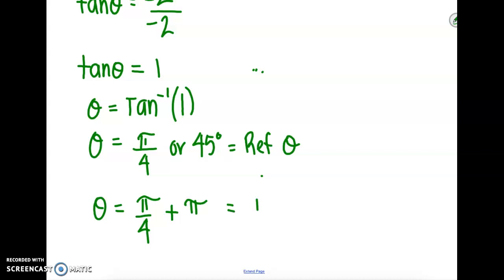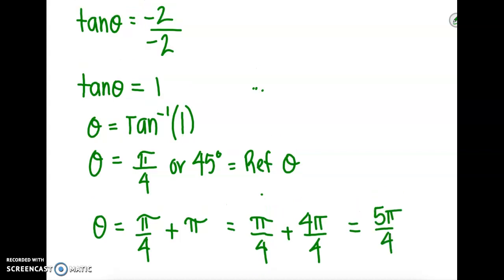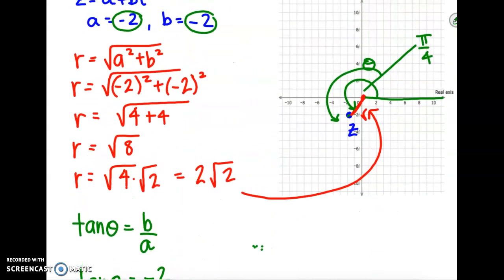If we simplify that, we have to change that pi to 4 pi over 4 so I can combine them into one fraction. So this is 5 pi over 4. All right, let's go back up to our image. This angle wrapping around here to Z, theta, is 5 pi over 4 radians.